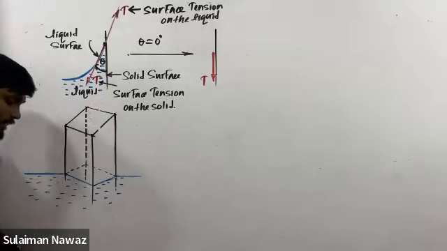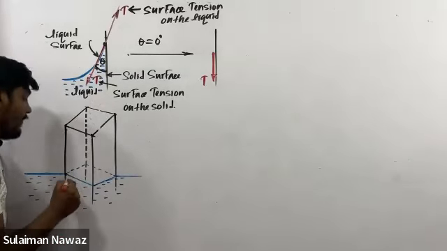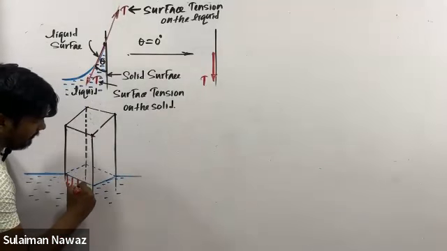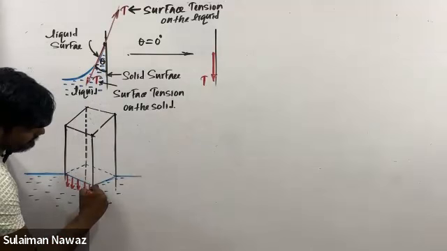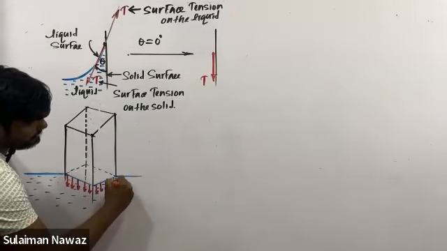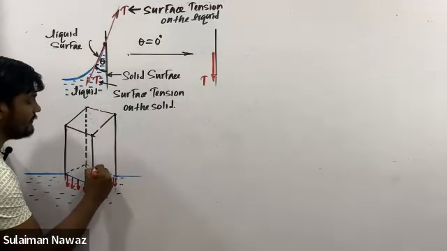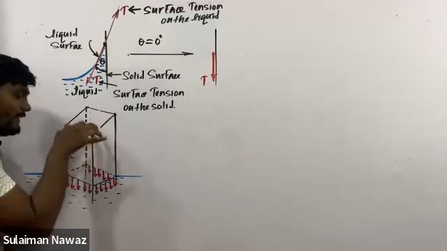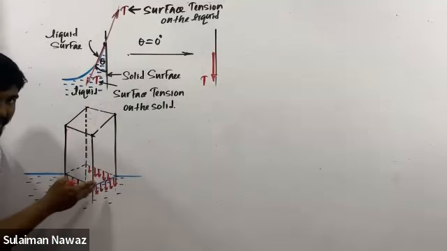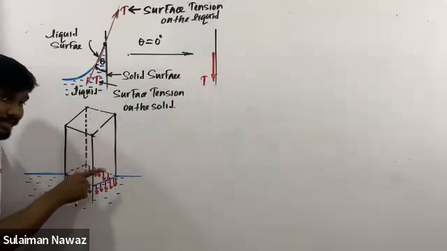Then along the length of the solid which touches the liquid surface, there will be surface tension forces vertically downwards. No matter how much you dip the solid, that does not matter. Surface tension acts only along the length of the solid which touches the liquid.